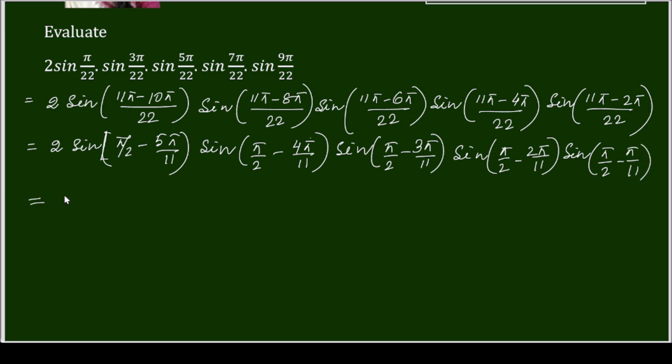All the formulas we know, it will be converted to cos, because sin(90 minus θ) is cos θ. So it will be cos 5π over 11.